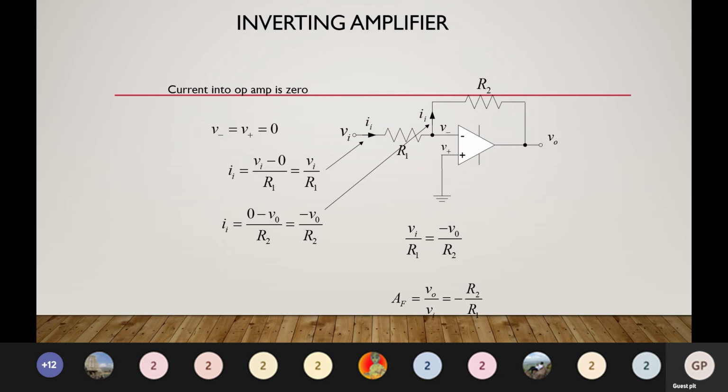So it will invert the polarity whenever I give a DC input. And if I have an AC input, then it will perform the amplification, and you'll have the output 180 degrees out of phase with the input.